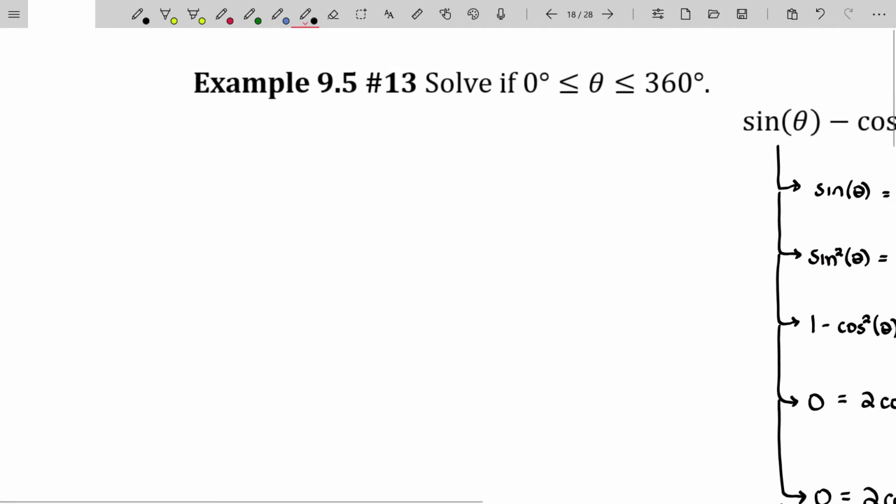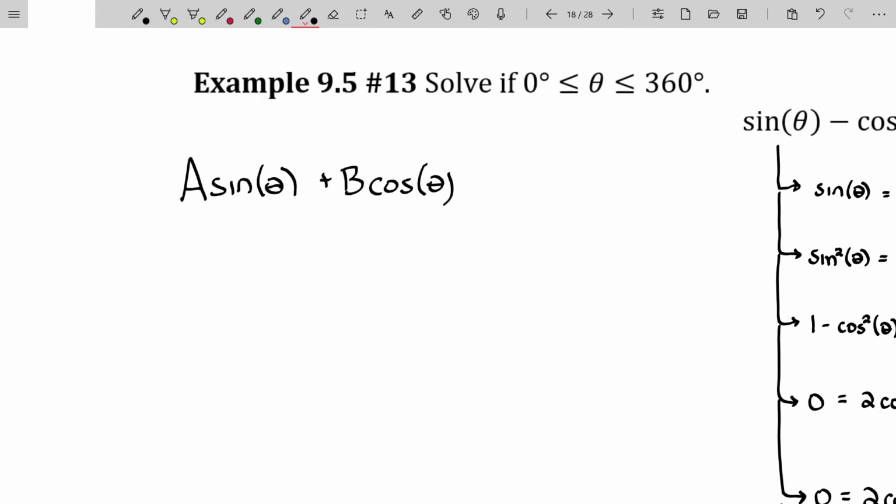Well, remember, if you have a times the sine of theta plus b times the cosine of theta, you can rewrite that as the square root of a squared plus b squared. So I'm going to just say this is the same thing as the square root of a squared plus b squared divided by the square root of a squared plus b squared.